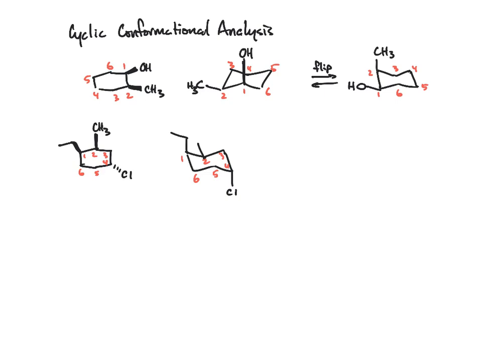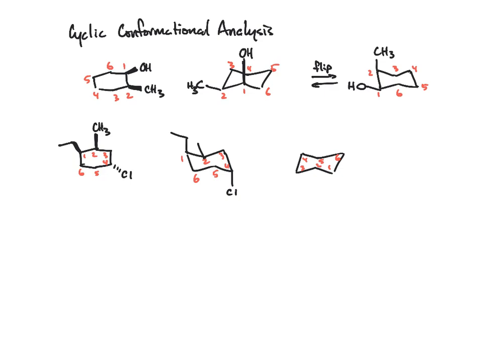So let me draw the chair a different way and put the numbering in a different way. So now I have 1, 3, and 5 are down, and 2, 4, and 6 are up.